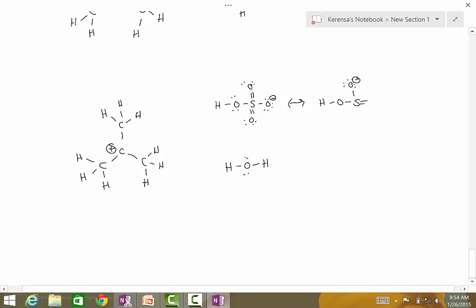All of these oxygen atoms bear a partial 1/3 negative charge. It is not localized on a single atom. Therefore, this anion is not a strong base. It's a very weak base. And its conjugate acid is sulfuric acid. It doesn't want a proton.